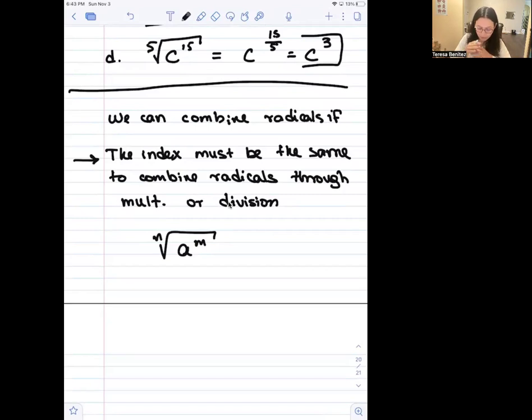But we're going to see examples of just the first one. And again, the second one is on your notes. So what I just said, you can write it down as I say it, or it's already on the notes and in the handout, the index and the radicand. So n and a both have to be the same to combine the radicals, 2 terms, for addition or subtraction, okay?